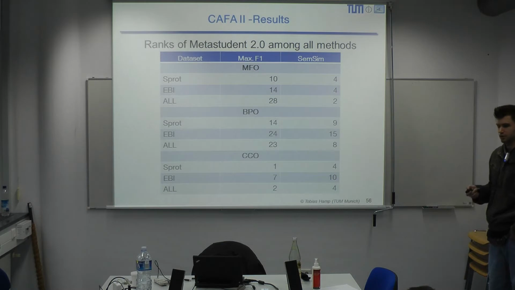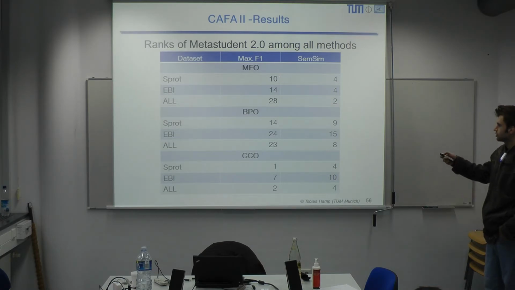Sometimes we did not make it to the top 10. This is why I looked at the results again myself and looked up where we actually stood. For example, for the SwissProt targets we are on 10th place, for BPO we are doing rather badly, and for CCO rather well.